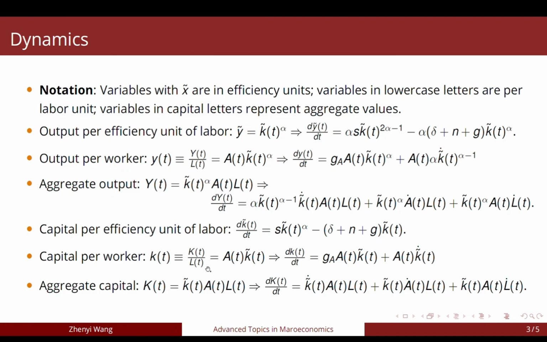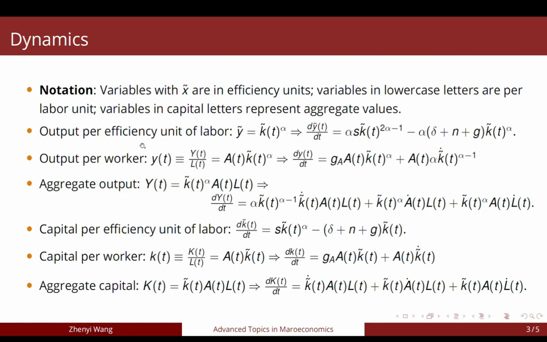With all of the above defined variables at hand, we can derive the dynamics, that is, the derivative with respect to time, of the 6 variables. Please note that variables with tilde are in efficiency units, variables in lowercase letters are per labor unit, and variables in capital letters represent aggregate values.